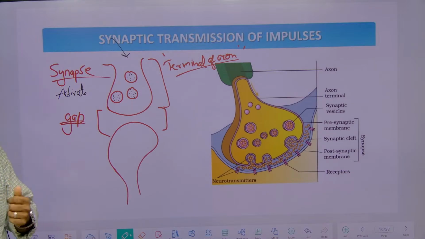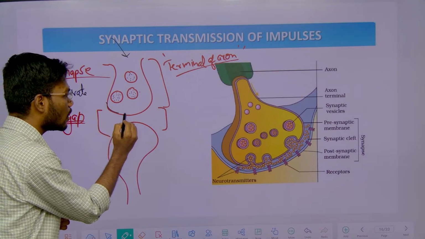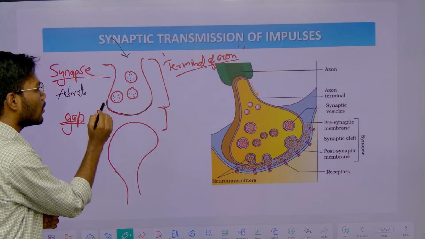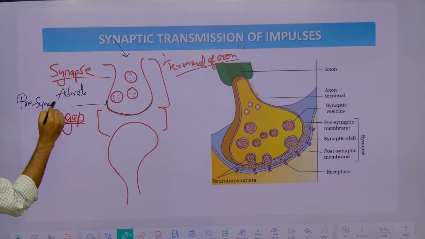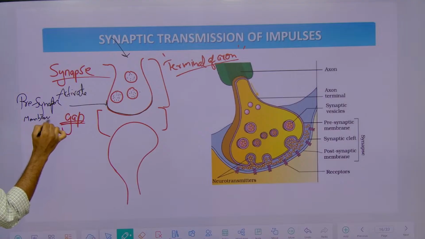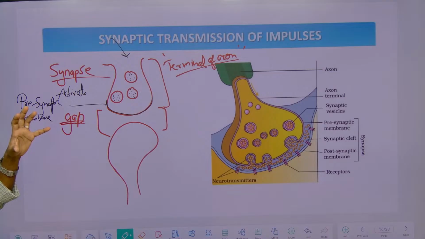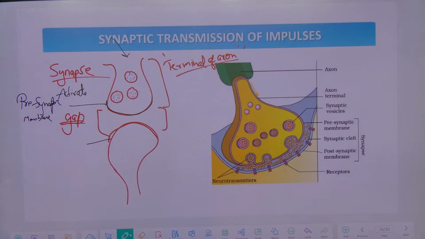Then these neurotransmitters come to this membrane. What is this membrane? This is called the presynaptic membrane. This is the first neuron. Whereas this membrane is called the postsynaptic membrane.